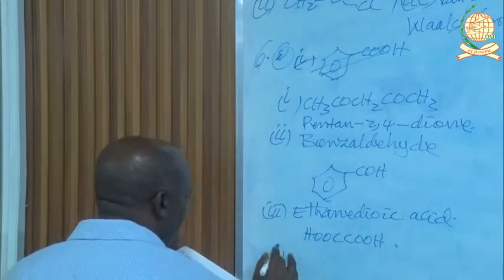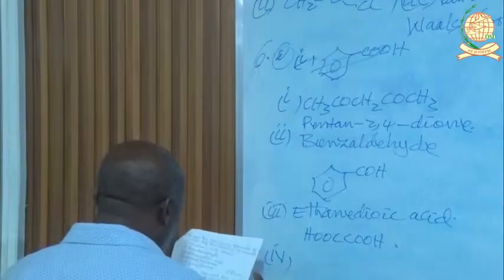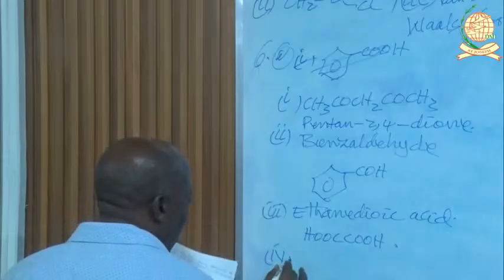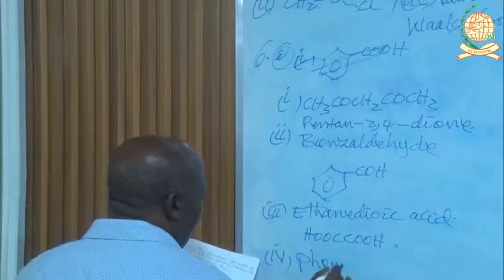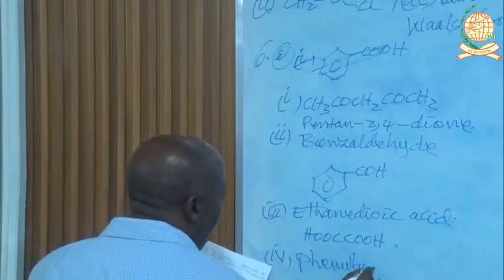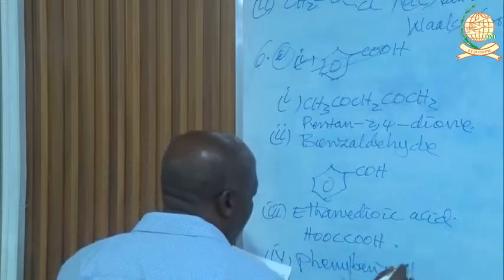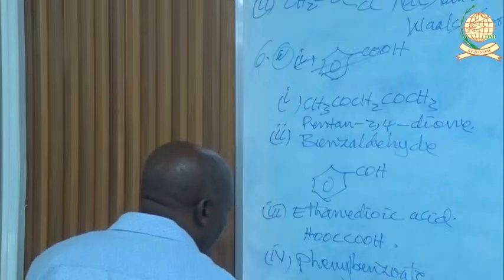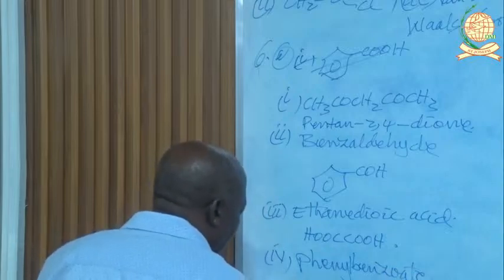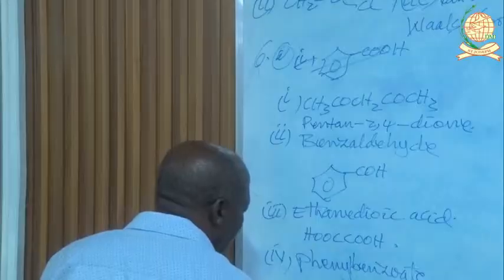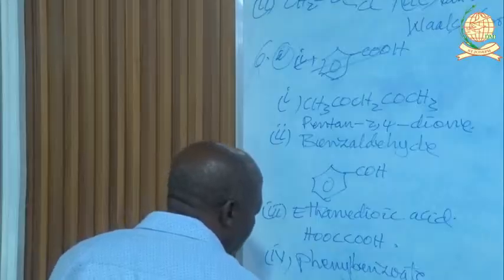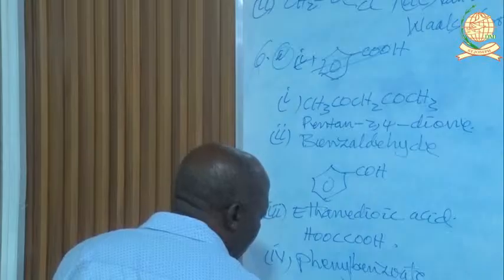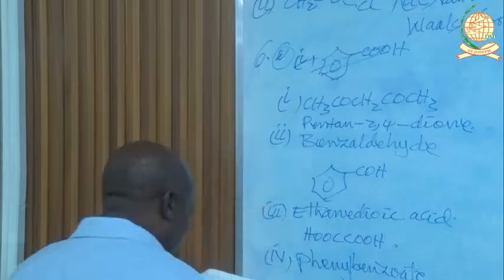Then Roman 4 is phenyl benzoate. This is C, and then O. This is phenyl benzoate.